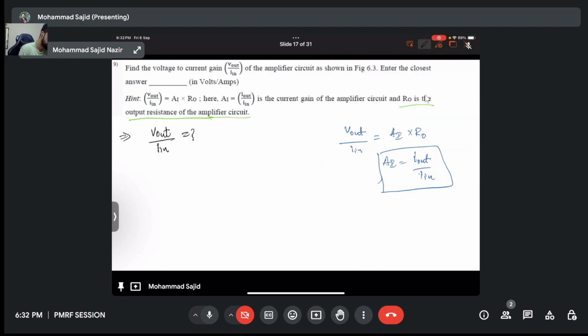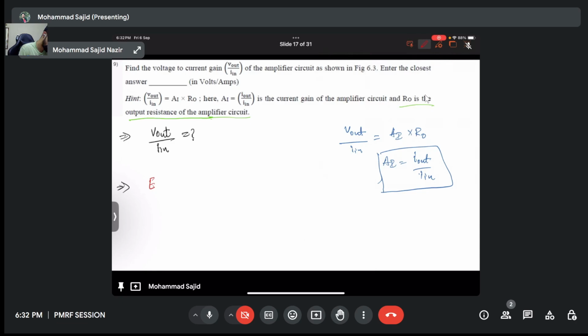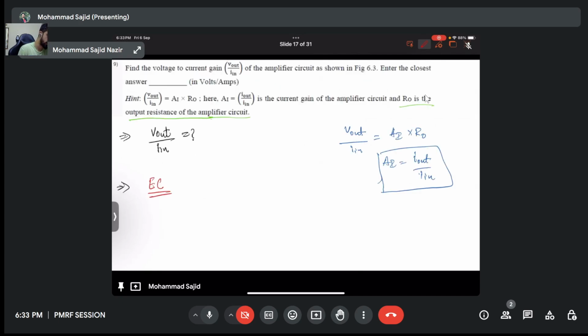Okay, let us draw the equivalent circuit. So let's look at the circuit. This is our circuit. When we go on to draw the equivalent circuit, see here, I input is here. That means the other terminals will be grounded. So our gate will be grounded.